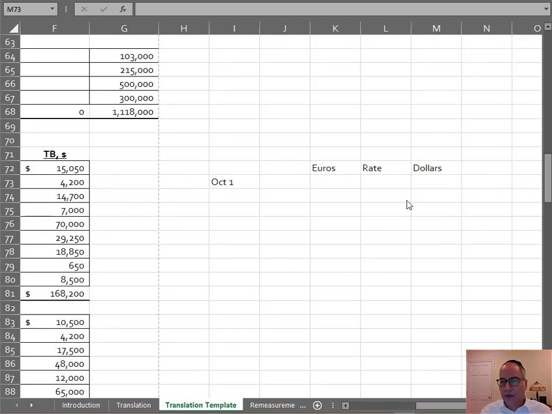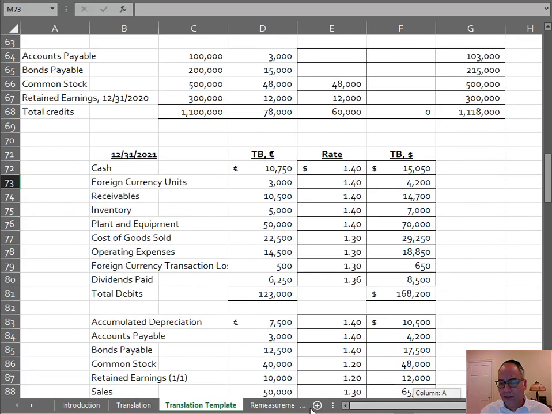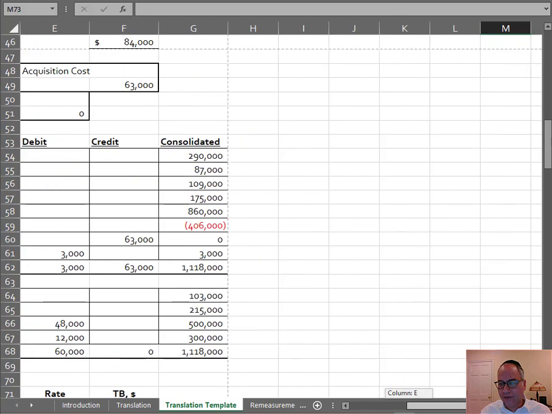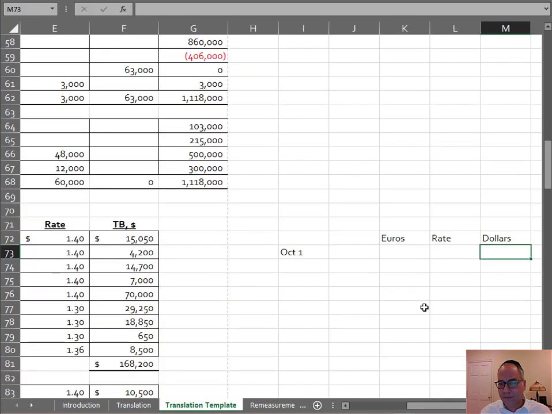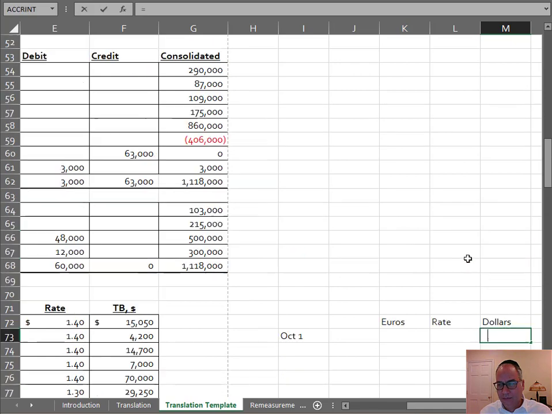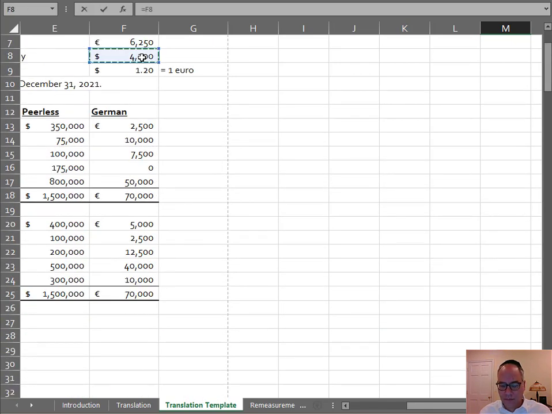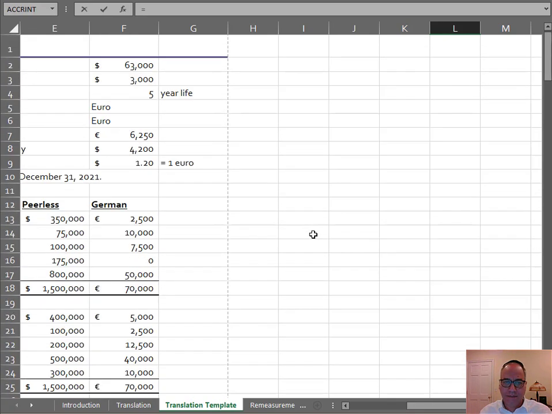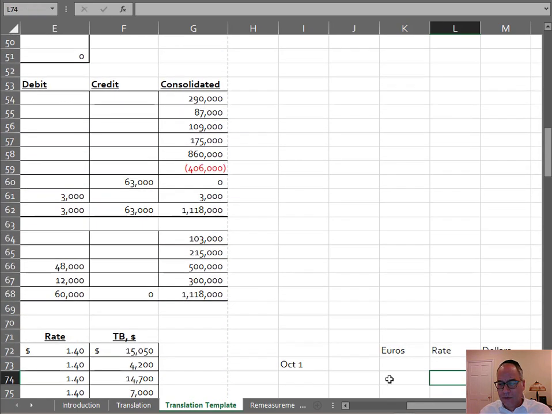So I make a little chart here on the side. This was a $4,200 transaction. And at the time, the exchange rate was $1.20. So the value of euros would be $4,200 divided by 120, or $3,500.